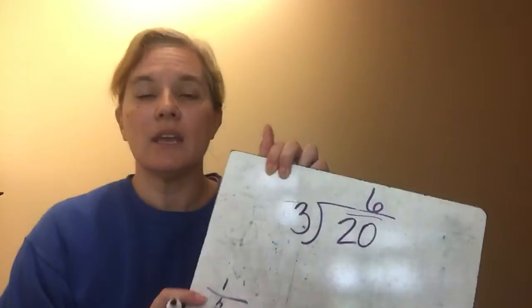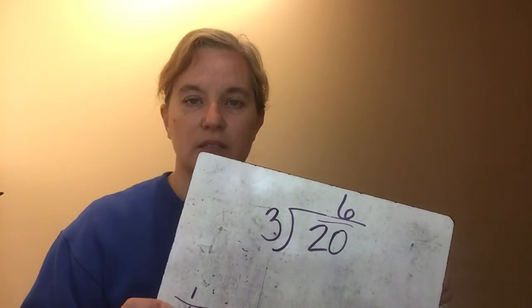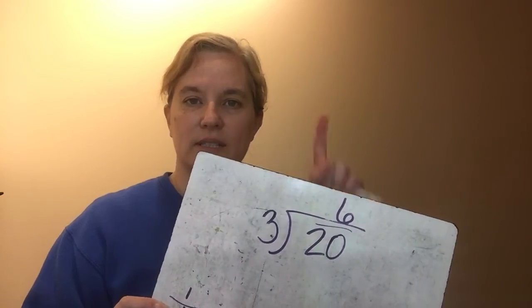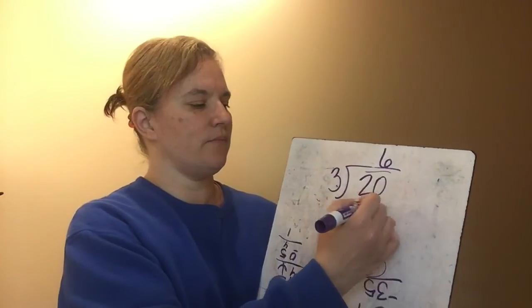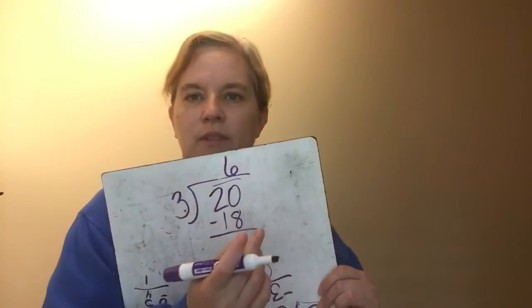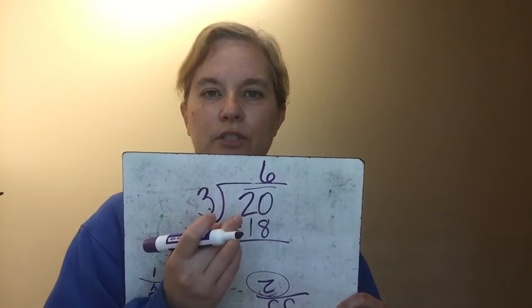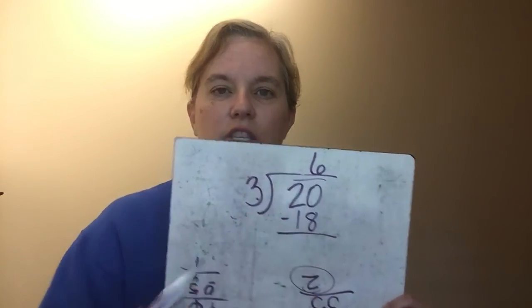Anyway, if you're having trouble, if you've forgotten, I know that 3 times 5 is 15. So then I just count up 3 more. 16, 17, 18. That's right. 6 times 3 is 18. I'm going to subtract. Now, this is a bottom bigger, gotta borrow situation. But look at your numbers. It's 18 to 20.